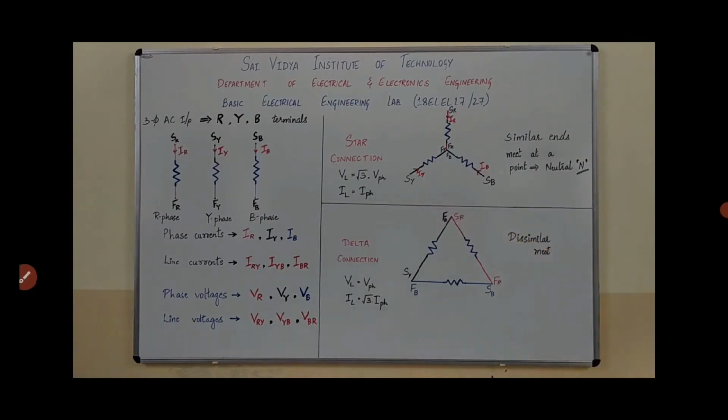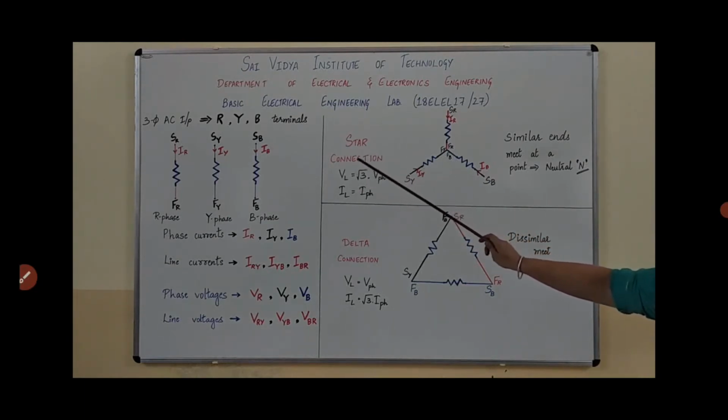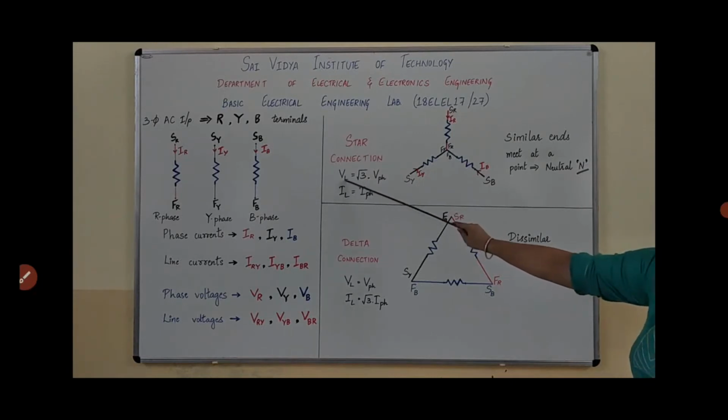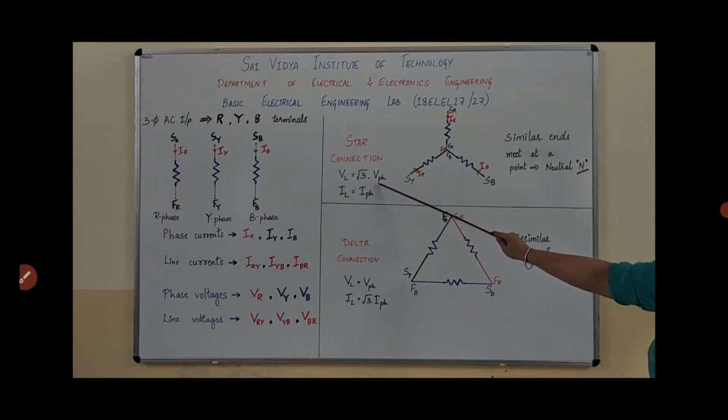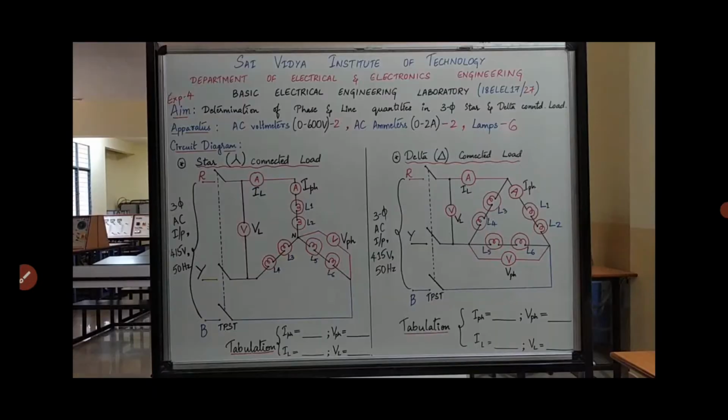So the relation between the voltage and current in a star connection is VL equals root 3 VPH and IL is equal to IPH. This is the circuit diagram of our practical.